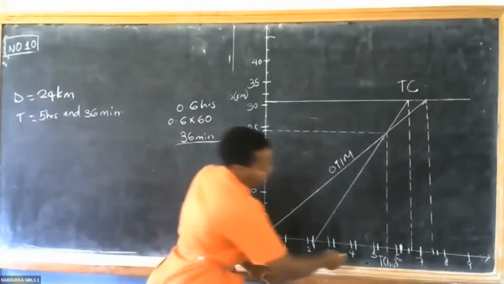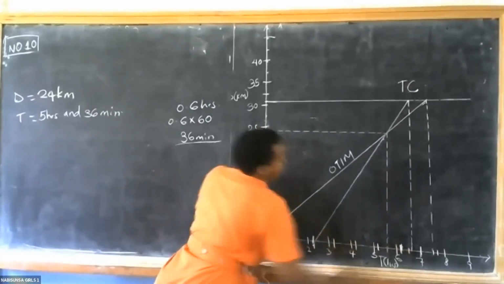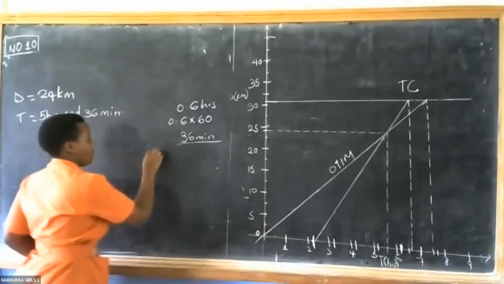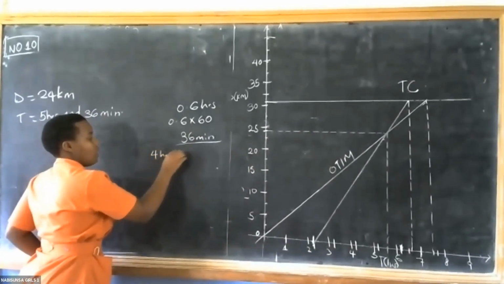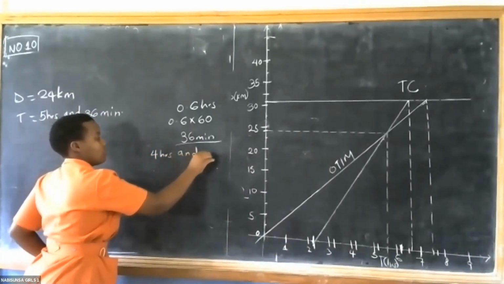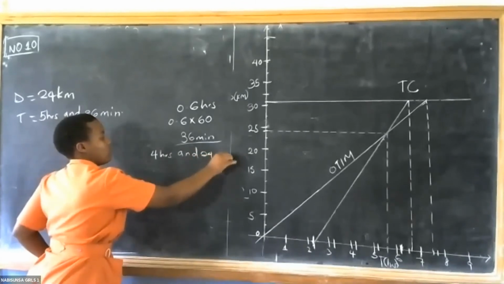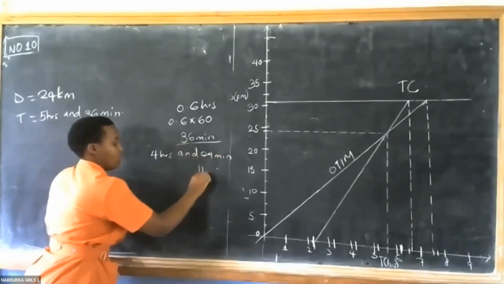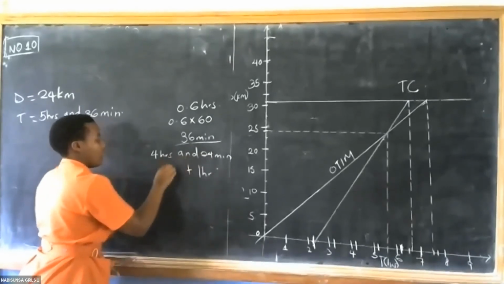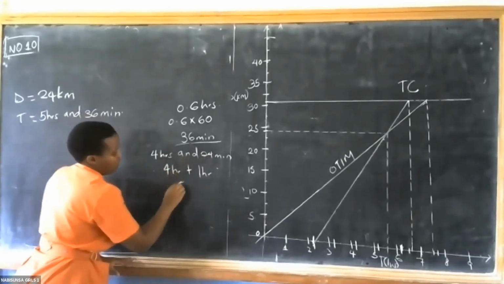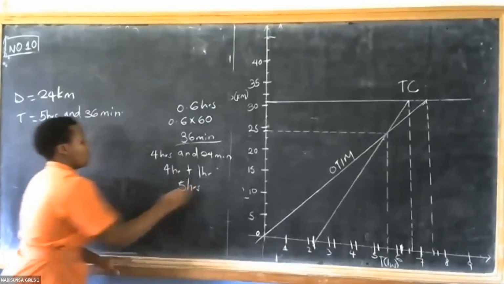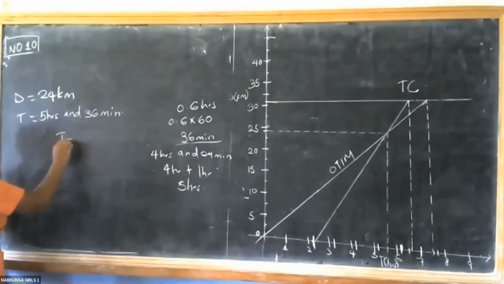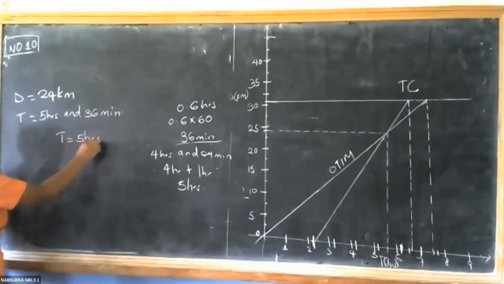So we get the time, which was 4 hours and 24 minutes. 36 minutes plus 24 gives us 1 hour, plus the 4 hours. This is 5 hours. So our time is 5 hours.